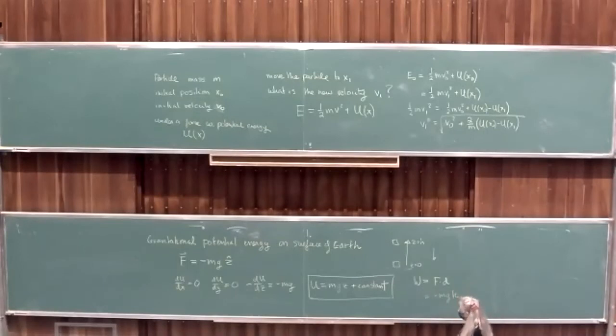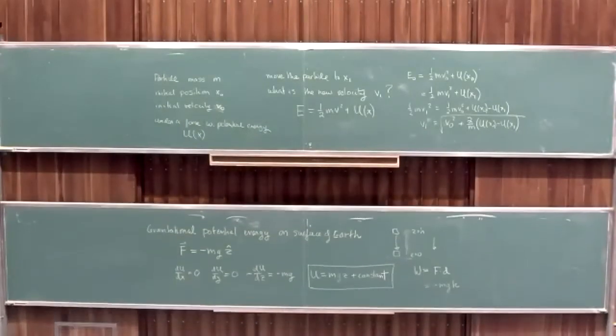Okay, so now let's turn the problem around, and we'll say I'm going to start the block here, and I'm going to let it fall down. So starting at z equals h, I'm going to let it fall to z equals 0. And I want to know what the velocity is when it hits at this location. So let's do that problem. You guys probably know this.